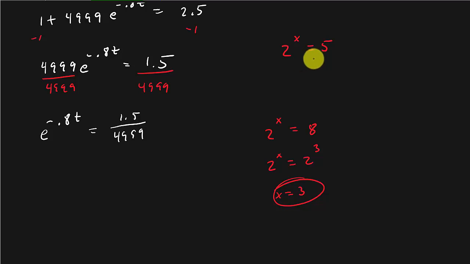But what happened when you couldn't get the bases the same? What did you do? You took the natural log of both sides, right? So that's what we're going to do here. We're going to take the natural log of both sides.